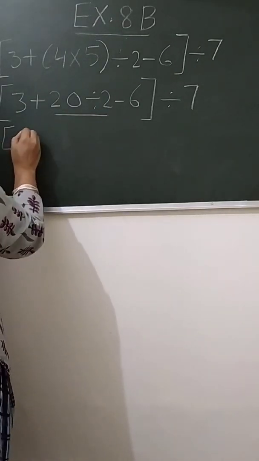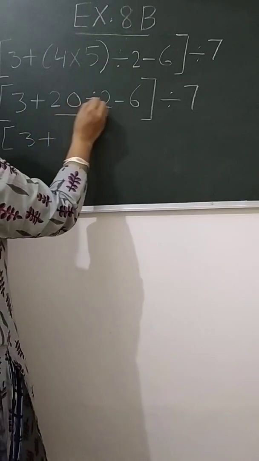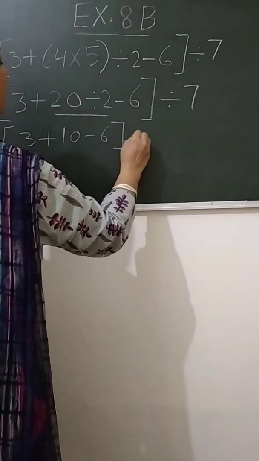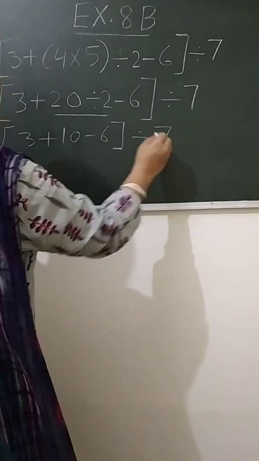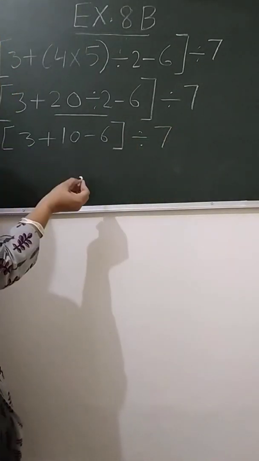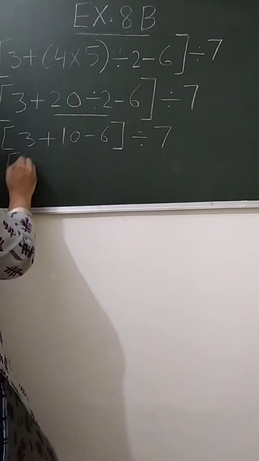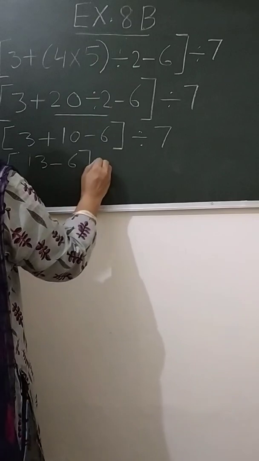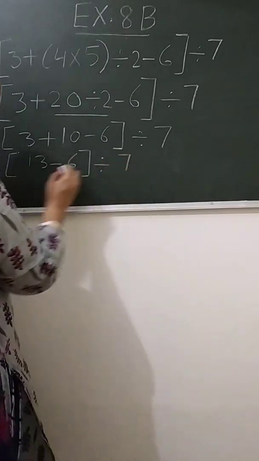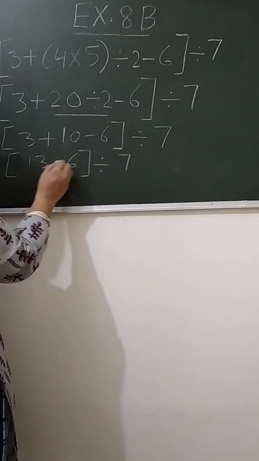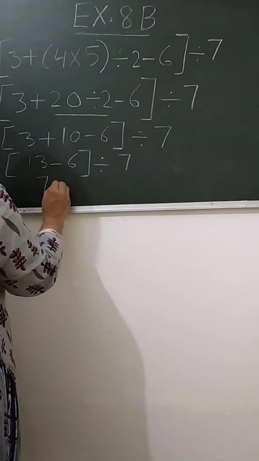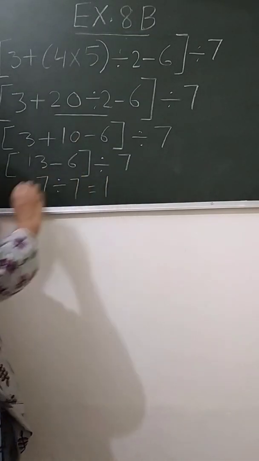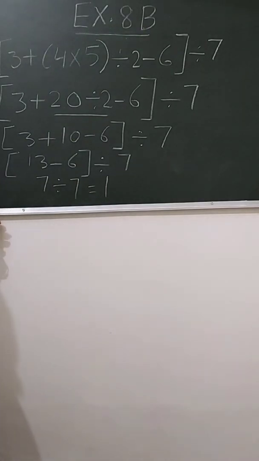This is 3 plus 20 divided by 2 is 10, minus 6 divided by 7. Now this is 3 plus 10 is 13, minus 6 divided by 7. 13 minus 6 is 7, divided by 7. We get the answer 1. Look here.